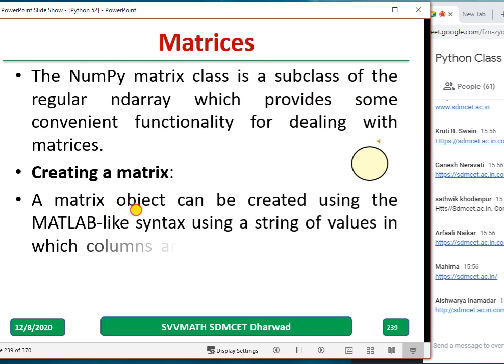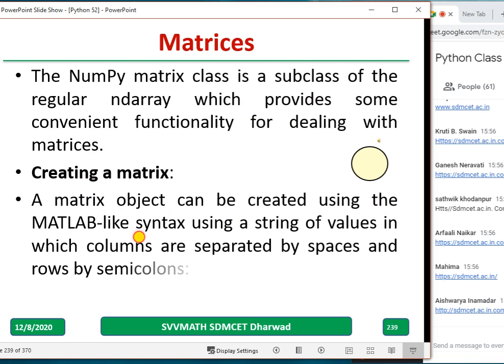A matrix object can be created using MATLAB-like syntax, using a string of values in which columns are separated by spaces and rows are separated by a semicolon. This is what you do in your MATLAB. The same way you can write in Python also. Just read it once or twice.